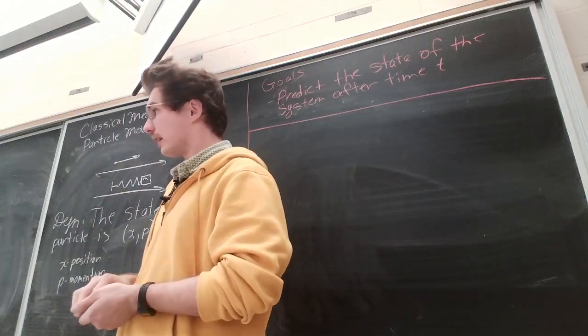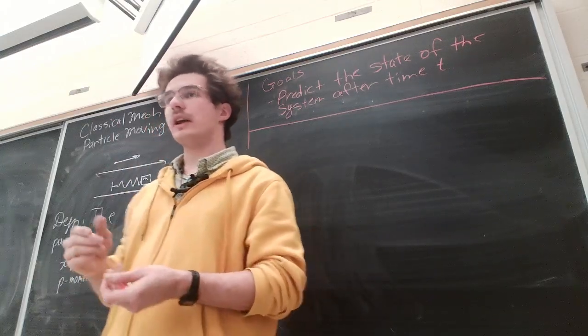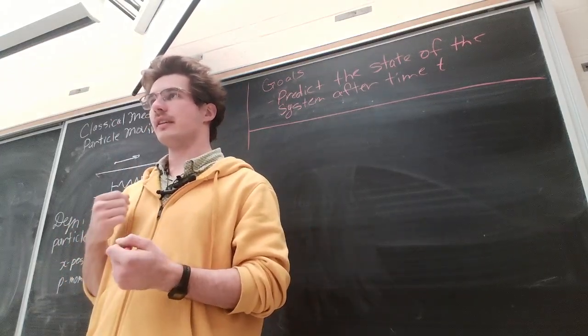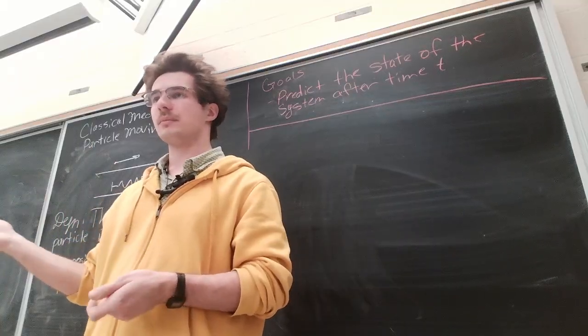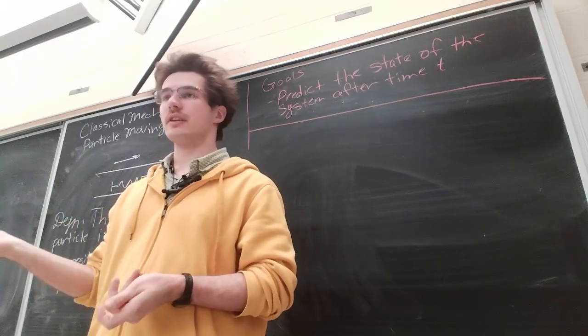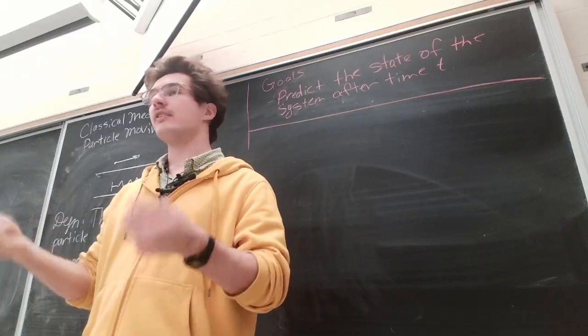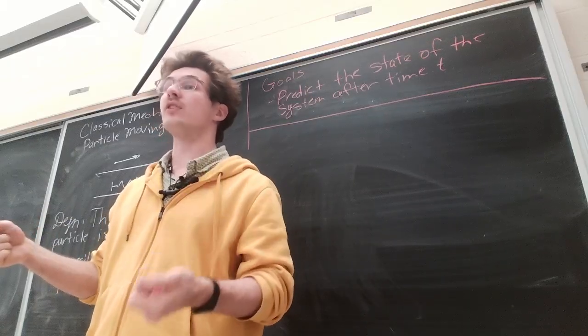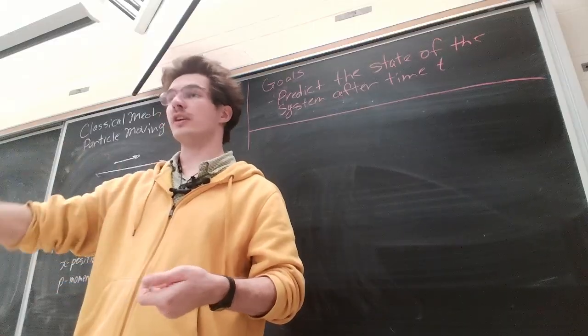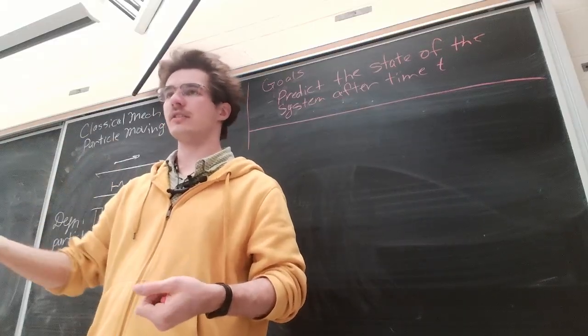So, great. The point is, suppose I knew the position and the speed of my particle at any time. Can I then figure out the acceleration? Right, because the acceleration is the change of velocity over time. So if I know the velocity at every point in time, then I can figure out the acceleration.